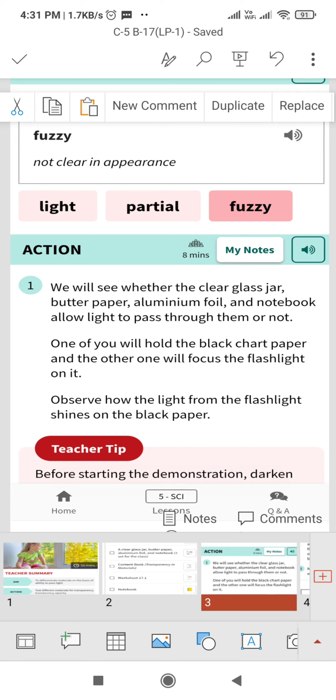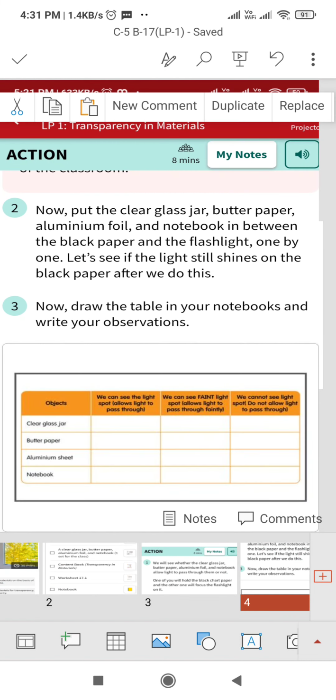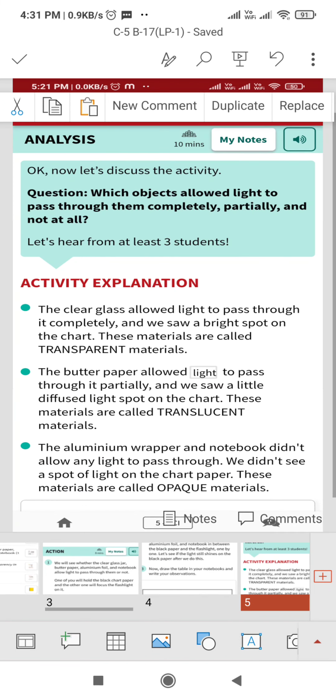So let's start. Step 1, we will see whether the clear glass, butter paper, aluminium foil and notebook allow light to pass through them or not. When we shine light on these objects, what will we find?